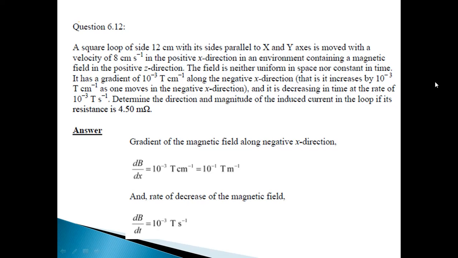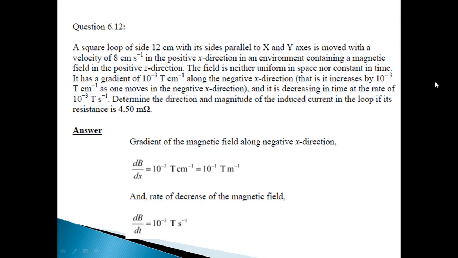Determine the direction and magnitude of the induced current in the loop if its resistance is 4.50 milliohm. Small letter m, so milliohm. So here we have a square loop. So all sides are equal, 12 centimeter, with its sides parallel to x and y axis.